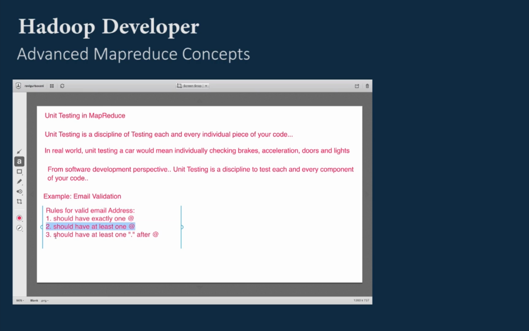So first the email address should contain at least one @ symbol. So first we should check that. Second, it should have exactly one @, and third, it should have at least one dot after @. All right.